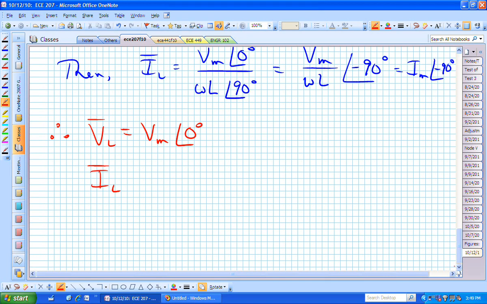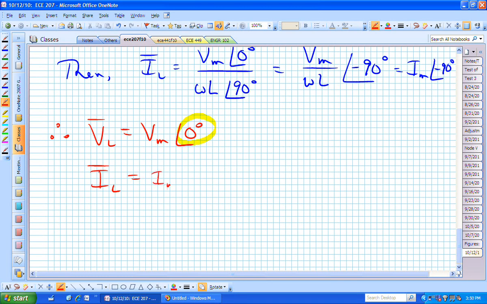In general this angle may not be 0 degrees, it might be 10 degrees, and then the current on an inductor will be behind that by 90 degrees, whatever that angle started out to be. If we assume we're starting at 0 degrees for our voltage, did that answer your question?